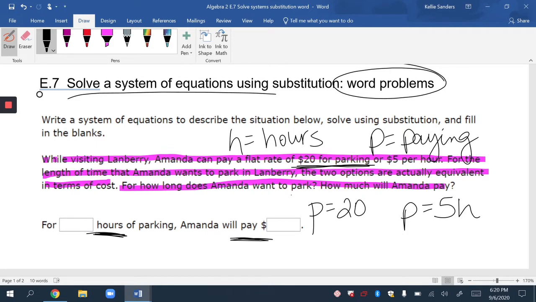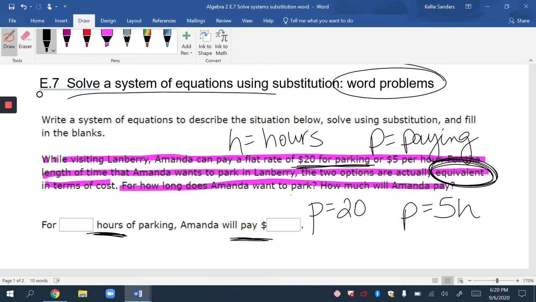So if she parked for 1 hour, she would pay $5. If she parked for 2 hours, she would pay $10. We want to know when these are equivalent.